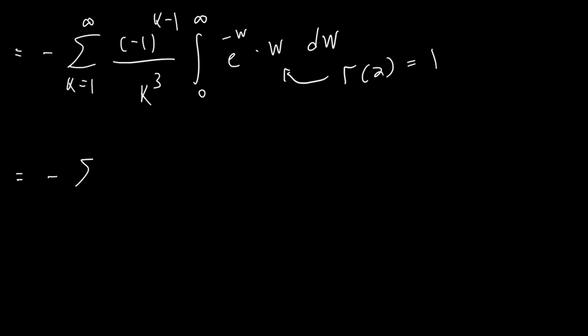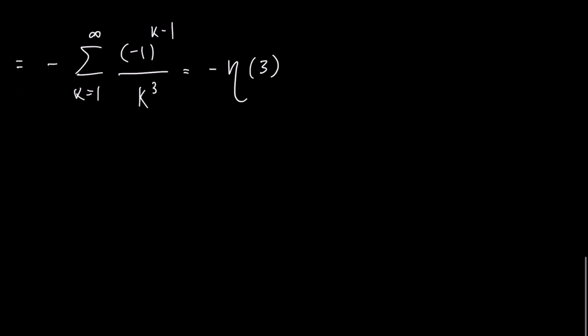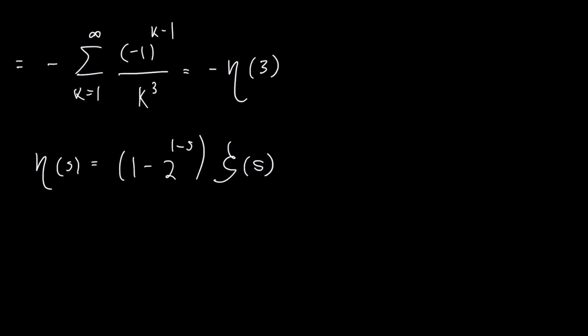So it's equal to negative the sum from 1 to infinity, negative 1 to the k minus 1 over k cubed, and this is negative the eta function evaluated at 3. But if we recall the functional equation that eta s is 1 minus 2 to the 1 minus s power, and then zeta s. So we put a negative and put a 3.